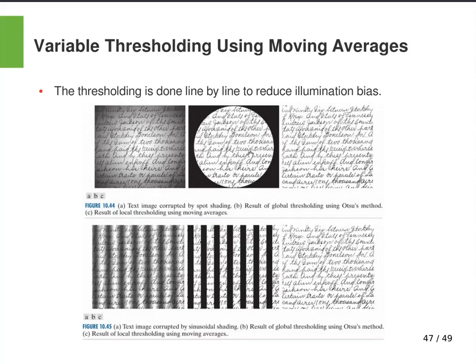But now if you use moving averages and you scan your image line by line and divide your image into partitions, and for each partition you find the threshold, this is the result of the thresholding that you have.